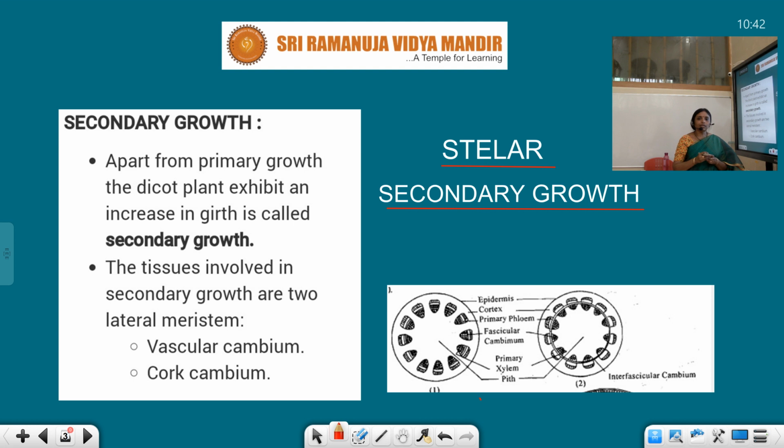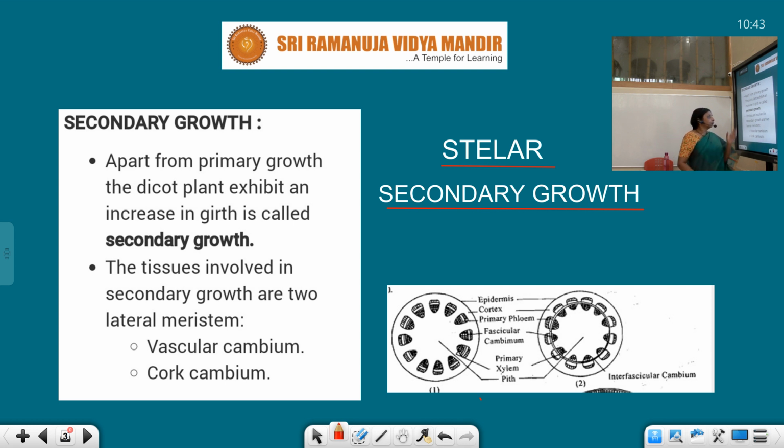Apical meristematic is present at the tip of root and shoots, and due to that it increases in length. And intercalary meristematic is seen generally in grasses, at the base of the petiole we can observe. So these 2 are primary meristems, but a lateral meristem is present which runs parallelly in the stem, and it is a secondary meristematic tissue. Due to that, it helps in forming secondary structure.